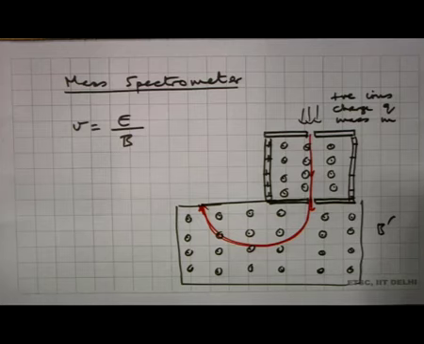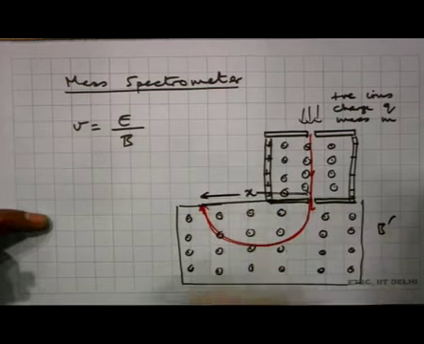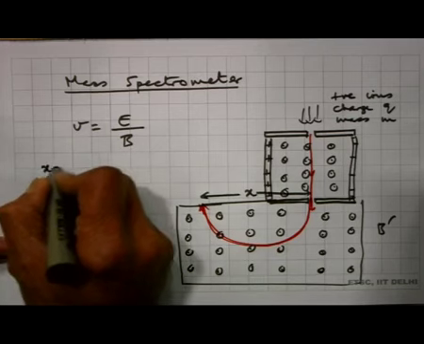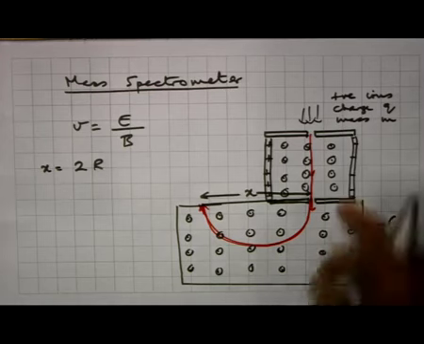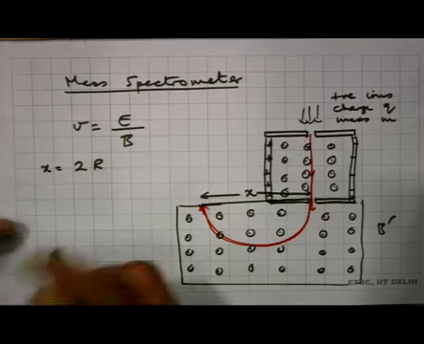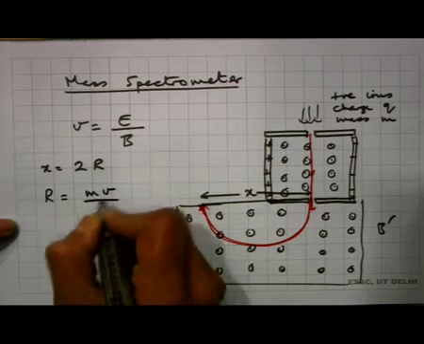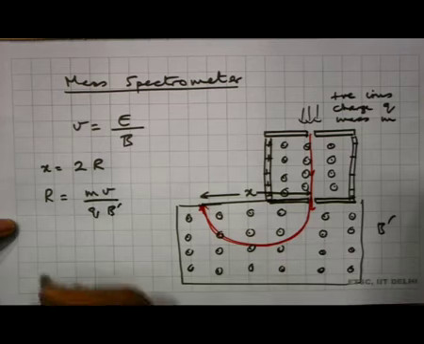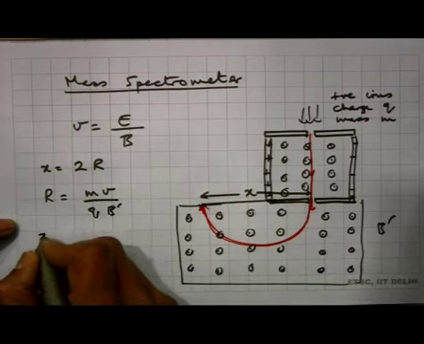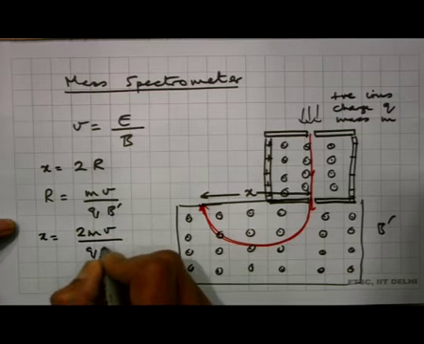Let me call this distance x, and x must be equal to 2 times the radius of the circular orbit of the particle, and we have already seen the radius is mv by q B prime. B prime is the magnetic field, and so I get x is equal to 2mv by q B prime.